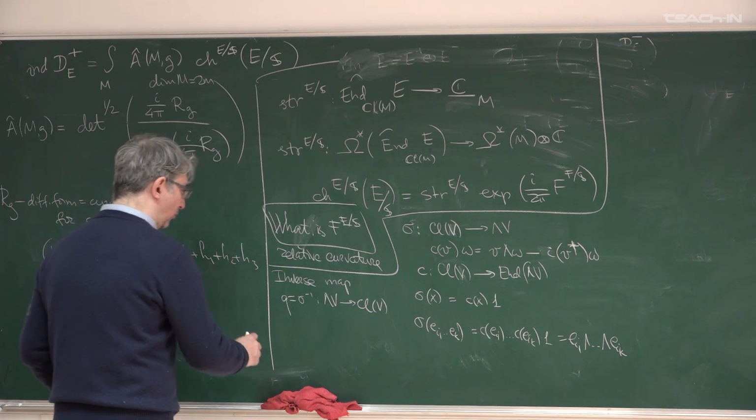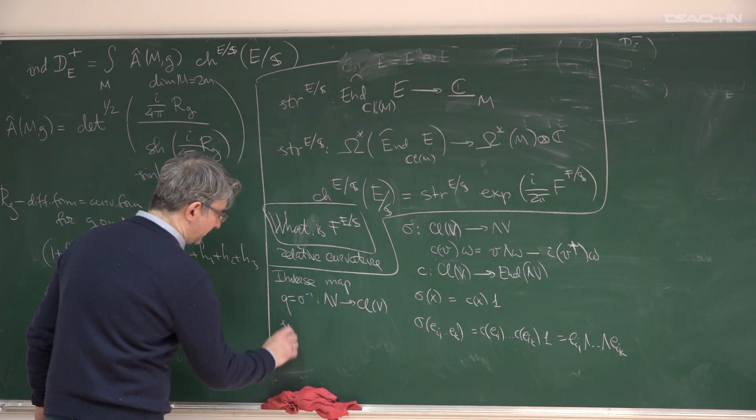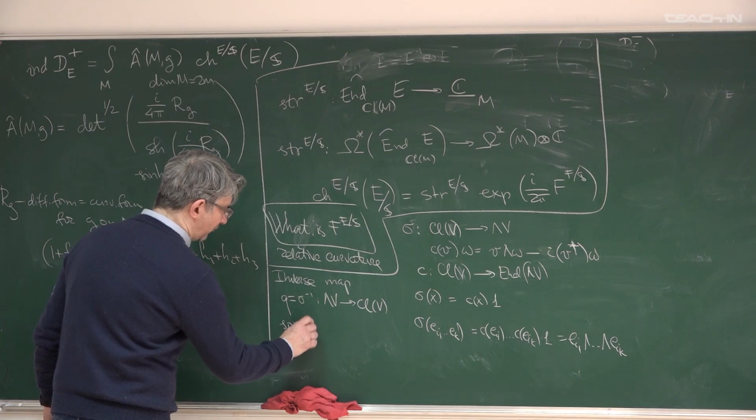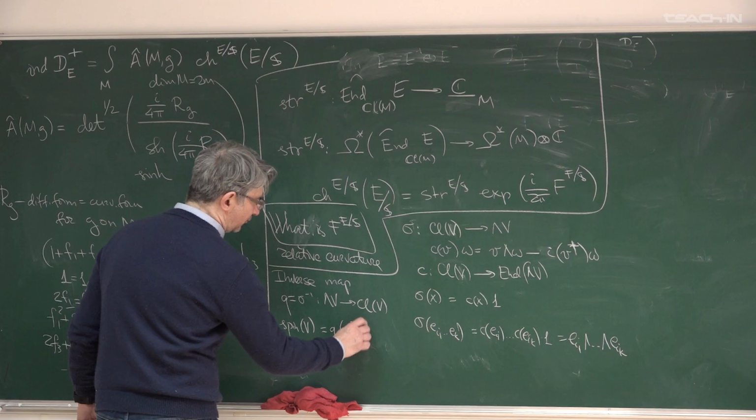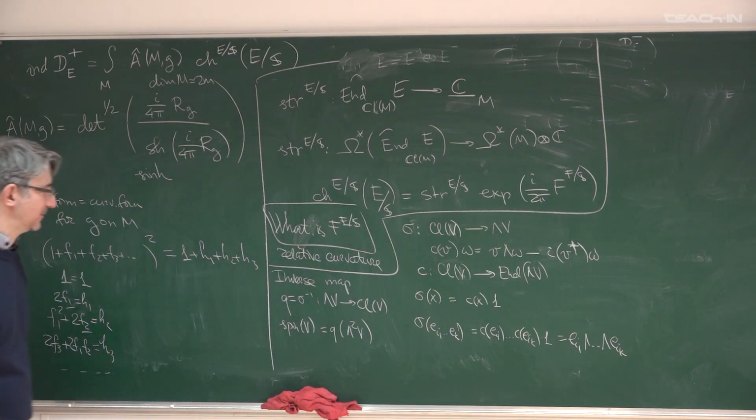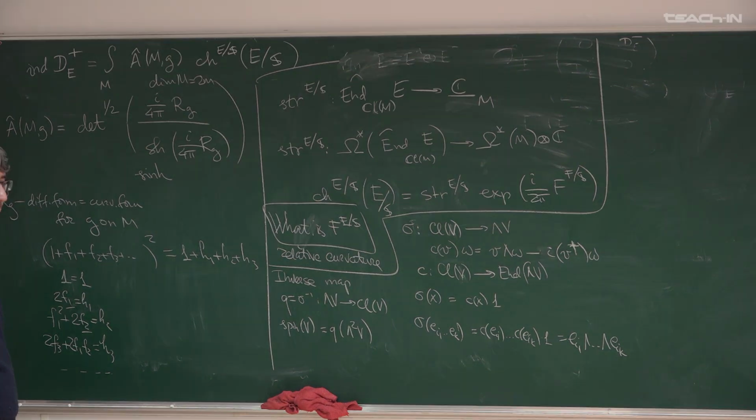Okay, now I want to define a very strange thing: Spin of V as Q of the exterior square of V. Why do you think I denote it by Spin? We have two spins. One was defined a few lectures ago, and this is another spin. What is the difference between them?